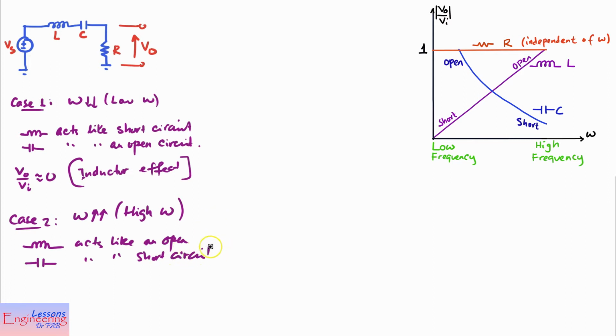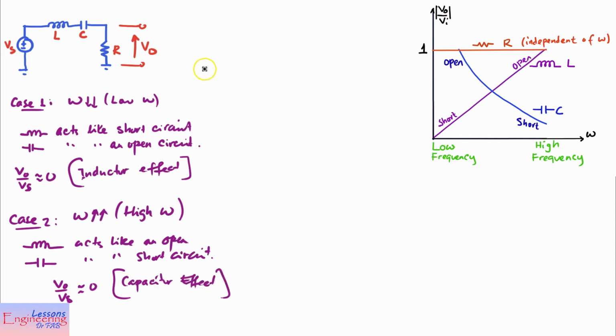The total effect is still an open circuit, even though our capacitor at high frequency acts like a short circuit. So again, there is high voltage dissipation across these two elements, and as a result almost 0 voltage across our resistor. So again, V naught over V source is approximately 0, but with the capacitor effect.